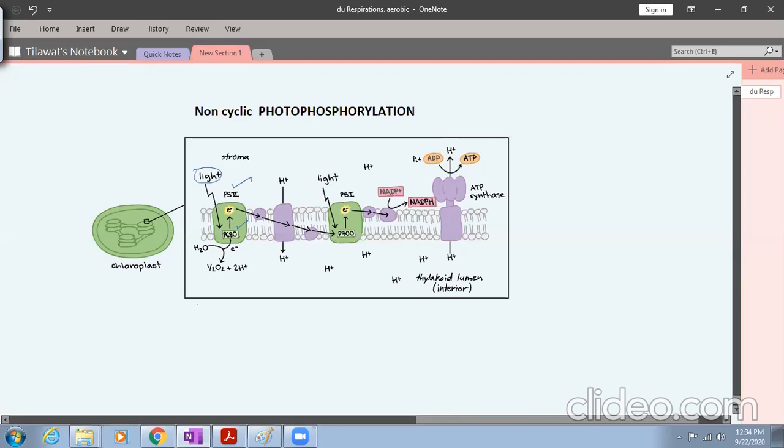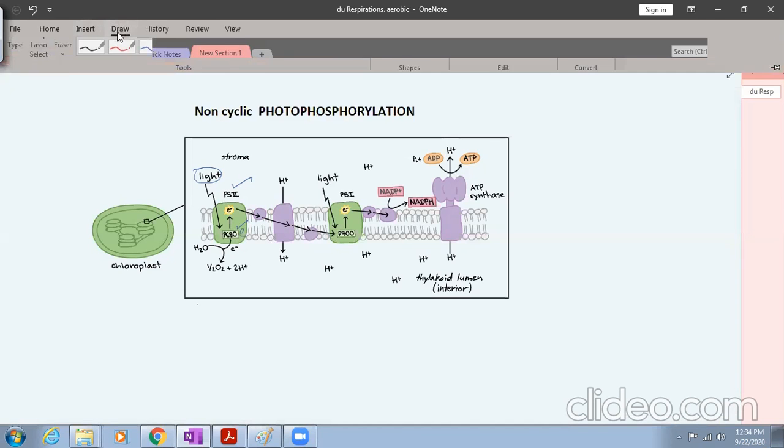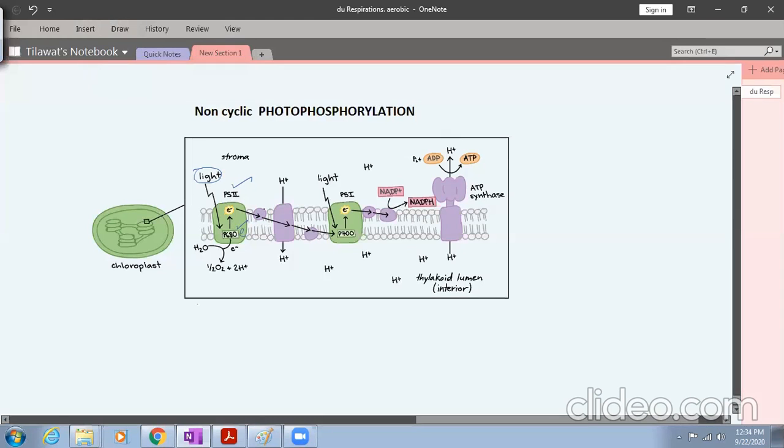From the reaction center, from chlorophyll A, an electron will get excited. When the electron gets excited, it is received by the primary electron acceptor, you can see here. And after that, the electron is going from a higher energy level to a lower energy level.